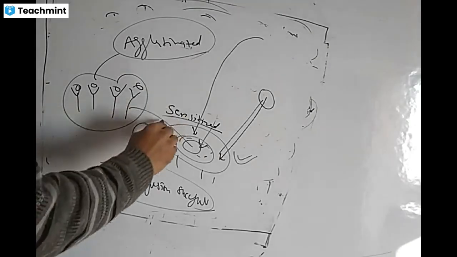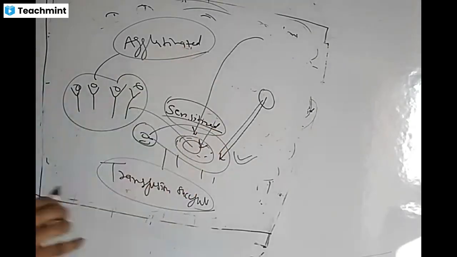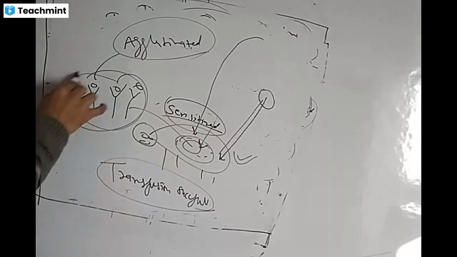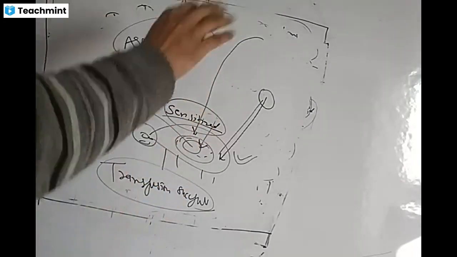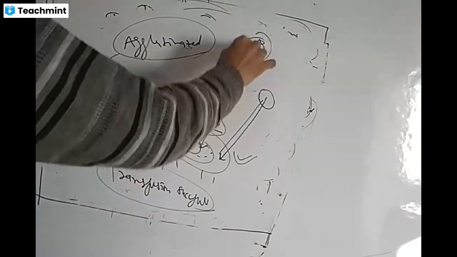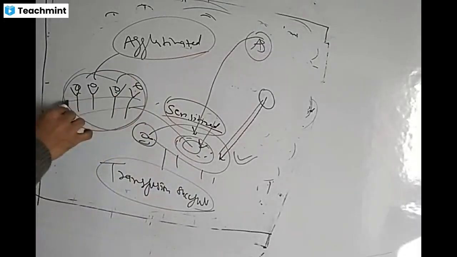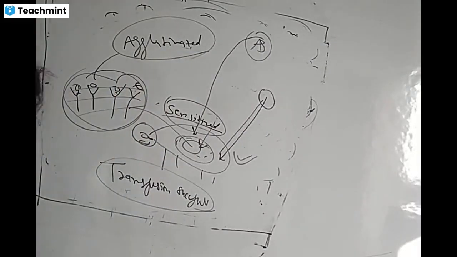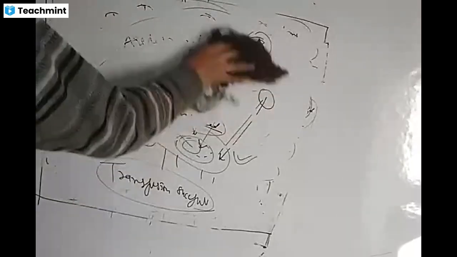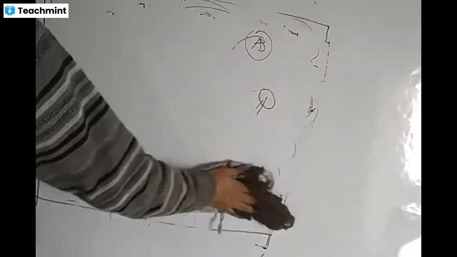Because the animal was already sensitized, immune response was generated, antibodies are formed. Second time, the same antigen will come and there will be antigen-antibody reaction. The agglutination or hemolysis will be there. So in case of dog, first transfusion is successful, but not second.